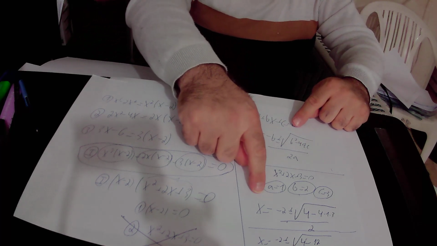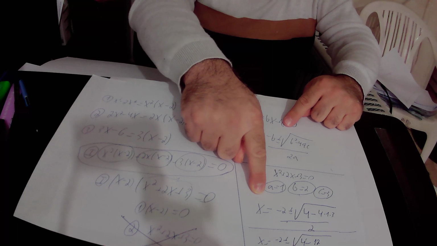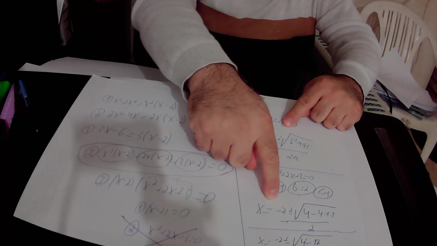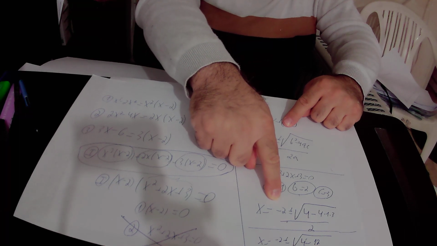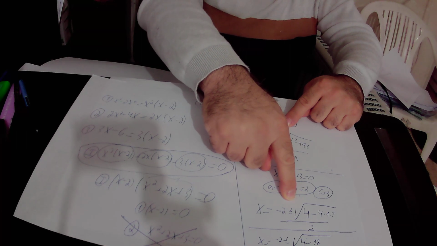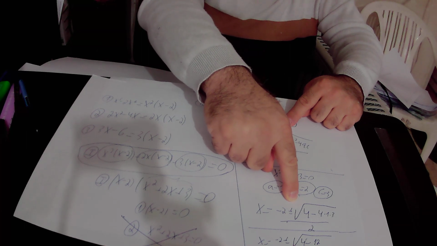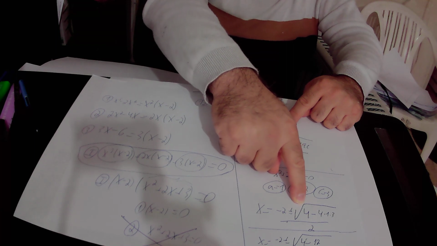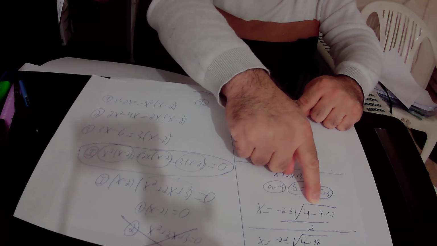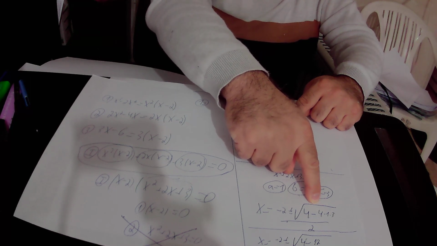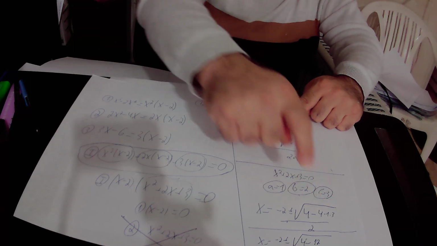So here x equals to minus b, b equals to 2, so minus b is minus 2, plus minus square root of b squared, b equals to 2, so b squared is 2 squared, 2 squared is 4. Minus 4 times a is 1, c is 3. So it is minus 4 times 1 times 3.